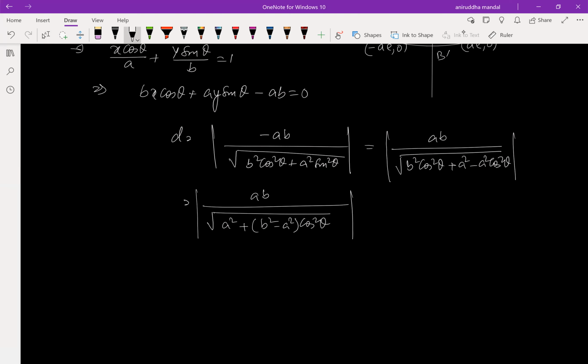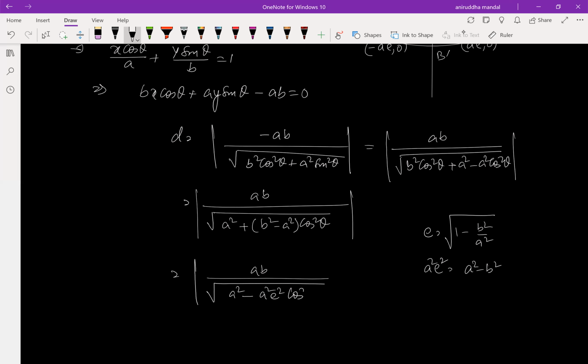Now we know that e equal to under root 1 minus b square by a square. So a square e square equals a square minus b square. If we substitute this in terms of e, we can write this as a square, taking minus common, a square minus a square e square cos square theta.